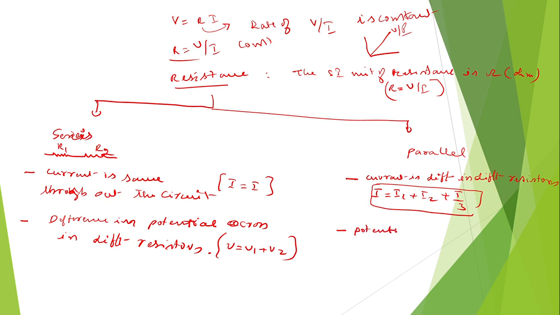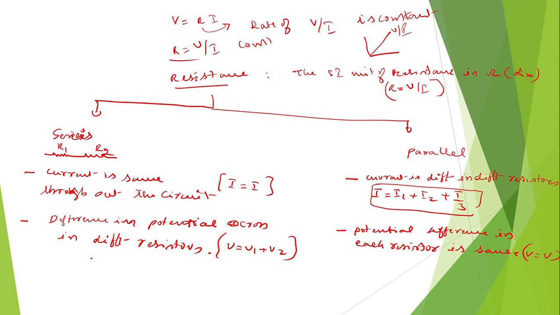Potential difference in each resistor is same. That means V is equal to V. Okay. Now we will discuss equations on both sides.